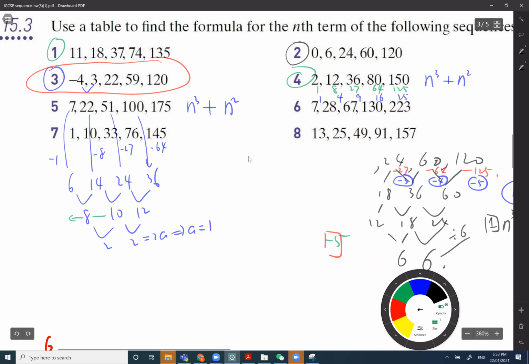The previous one, 6, right? This is a plus b. A is 1, so b equals 5, and the previous one, 0. This is harder: n cubed plus n squared plus 5n.